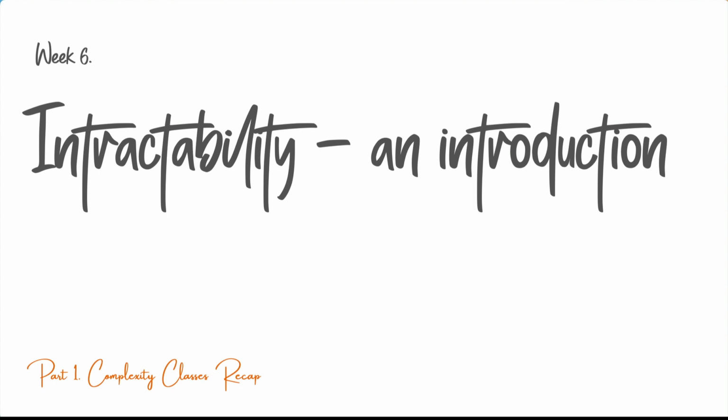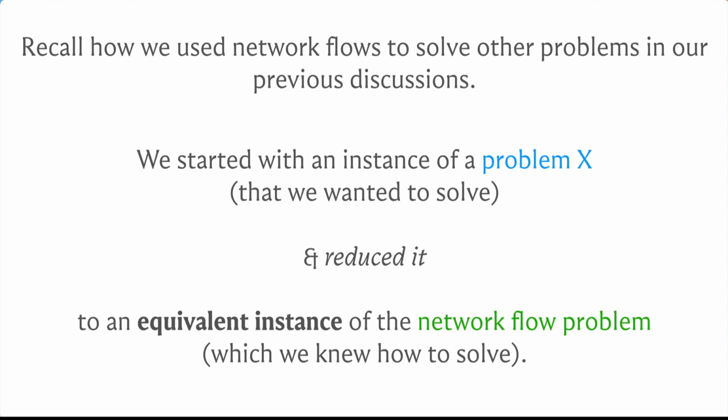And from here, we are going to go on and actually look at examples of a few reductions in the remaining videos to come. So to begin with, let me just recap what we did in the last week, where we used network flows to solve other problems.